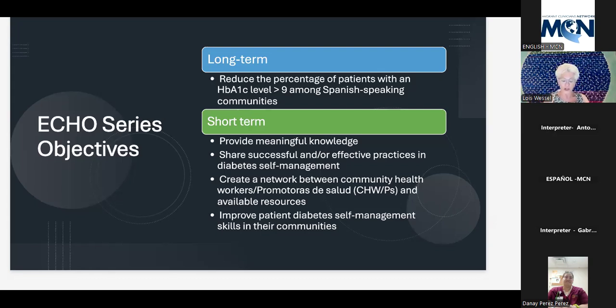But in order to reach that, our short-term goals are to provide knowledge at a level and in a way that people understand, share practices, and that's practices that we know about and practices that other people bring to the table in diabetes self-management, create, and again, think back to that wheel, create connections among the community health workers about available resources in their communities.